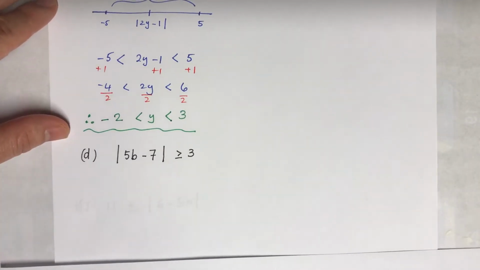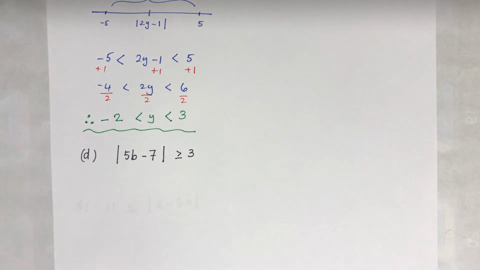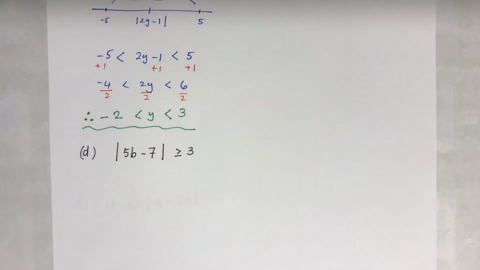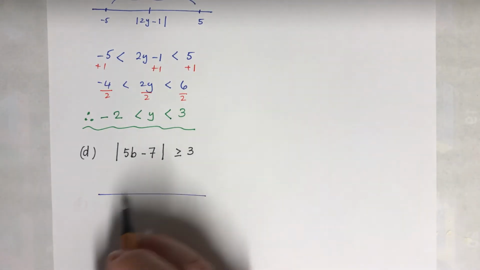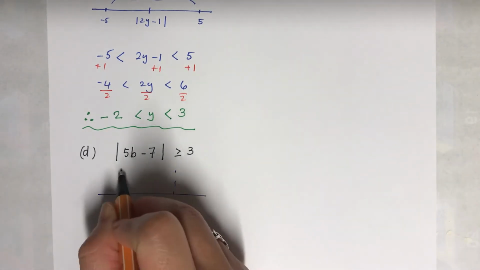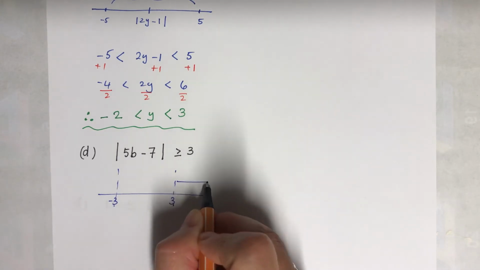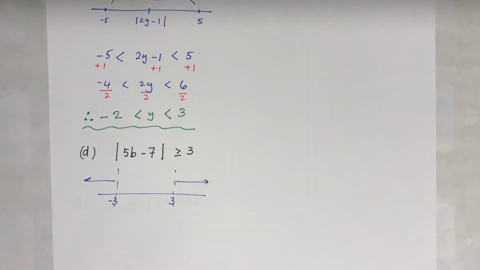The next one is a bigger than. So the whole thing is a bigger than, so it's minus 3 and 3 here, and it's all this side part of that.